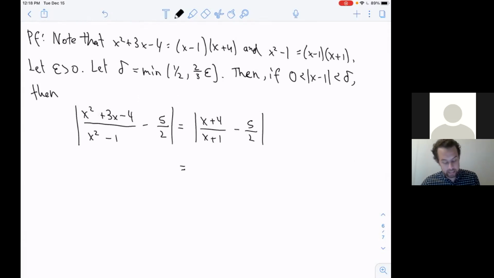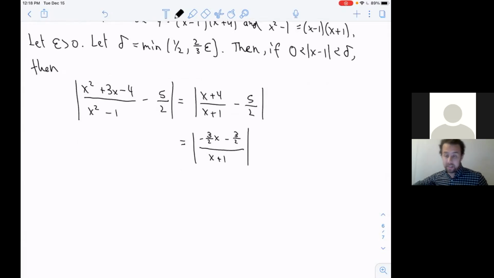And so when we add this in, we get minus 3 halves x minus 3 halves over x plus 1. And so now let's pull out the negative 3 halves. It's an absolute value, so it's going to become positive when we pull it out. 3 halves absolute value of x minus 1 over x plus 1. Okay, so here's where we get the x minus 1 on the top.